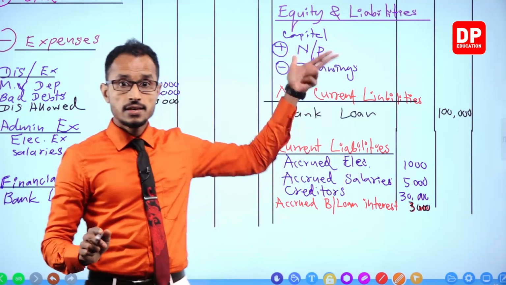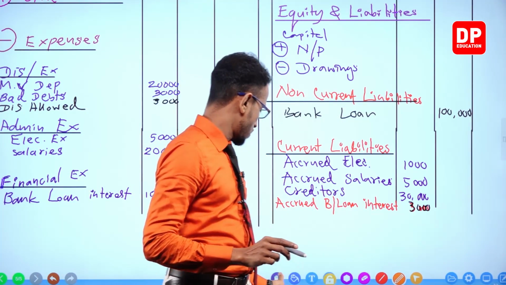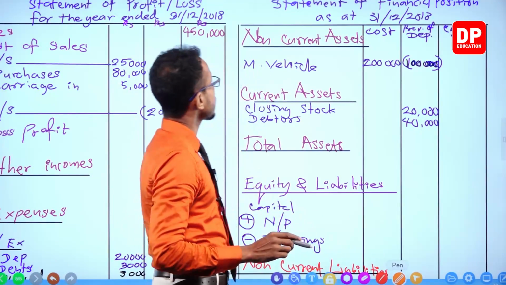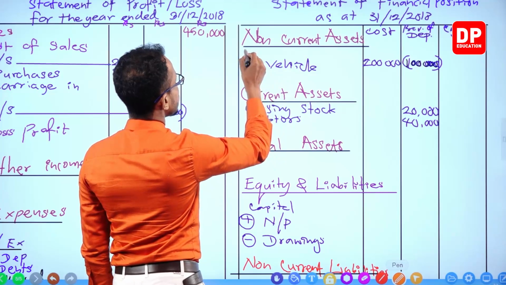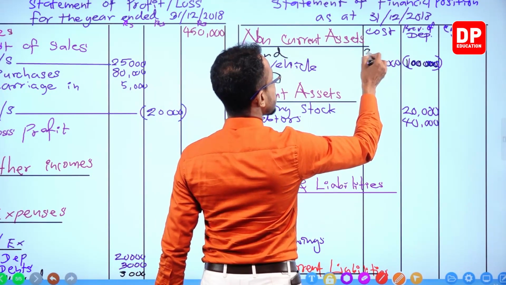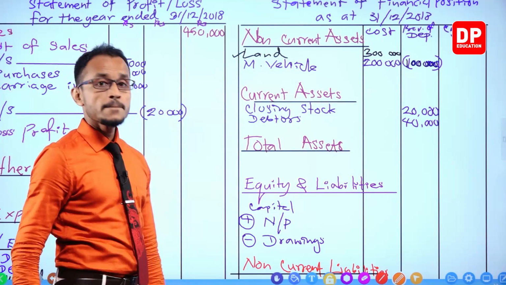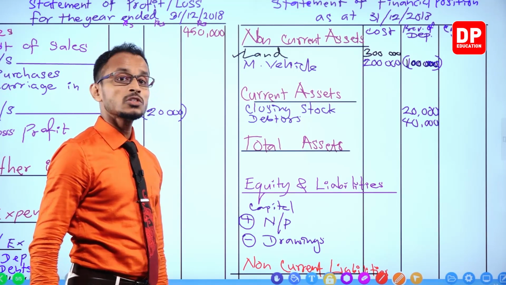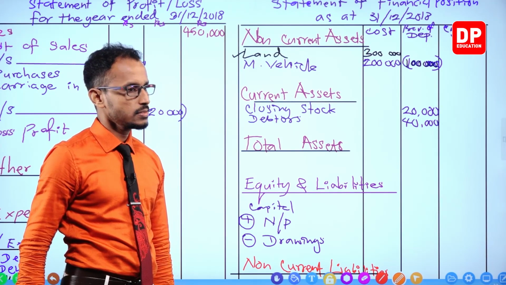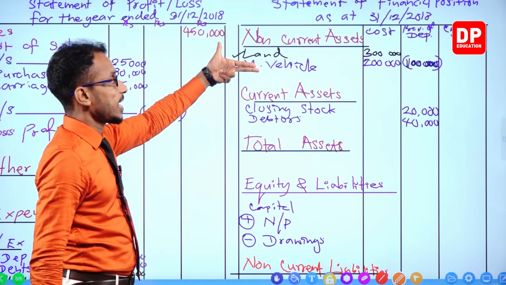And land should go to SOFP under non-current assets. I left some space for non-current assets because I knew that there is land. Guys, why did I leave some space on top for the land?